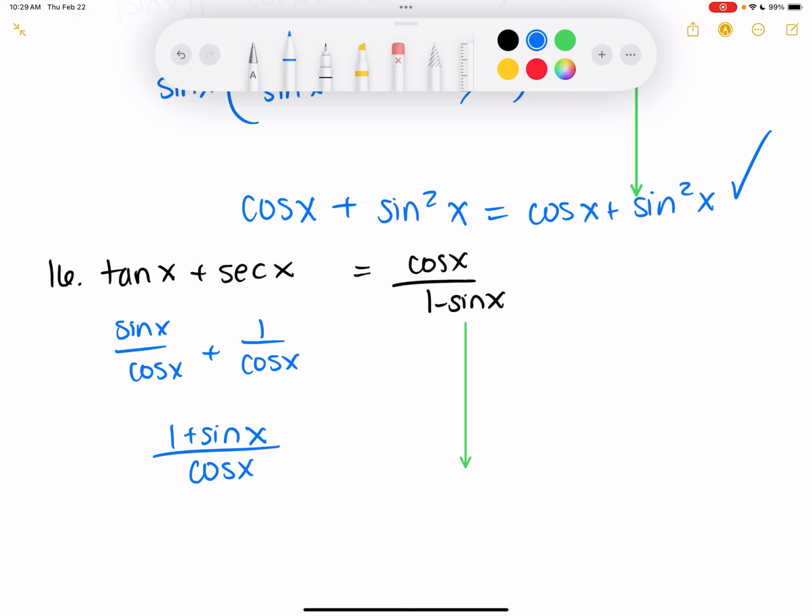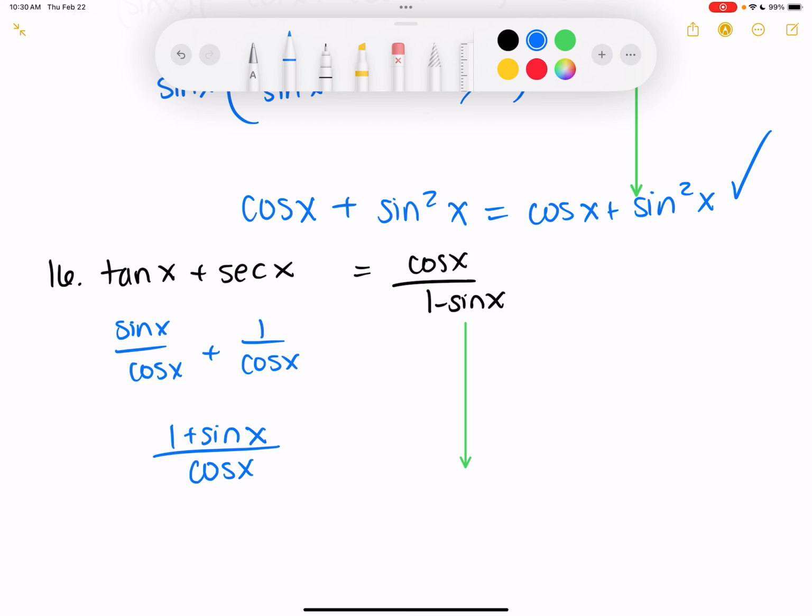Now, does this look like what I'm trying to get to? Not quite. It has some sort of resemblance. So this is where, this year, these problems are harder than last year. Because last year, this would have been our end result. However, they want us to get to this over here.